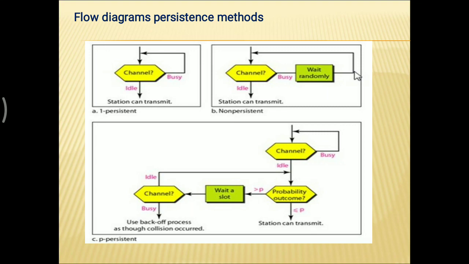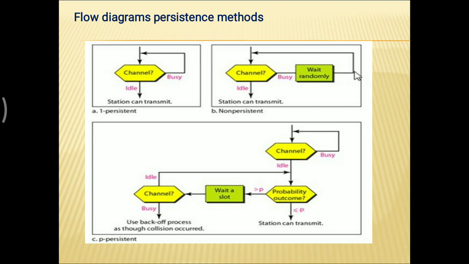In this method, the station senses the medium and continuously checks whether it is idle or not. As you see in the diagram, before sending data we have to verify whether the channel is free.